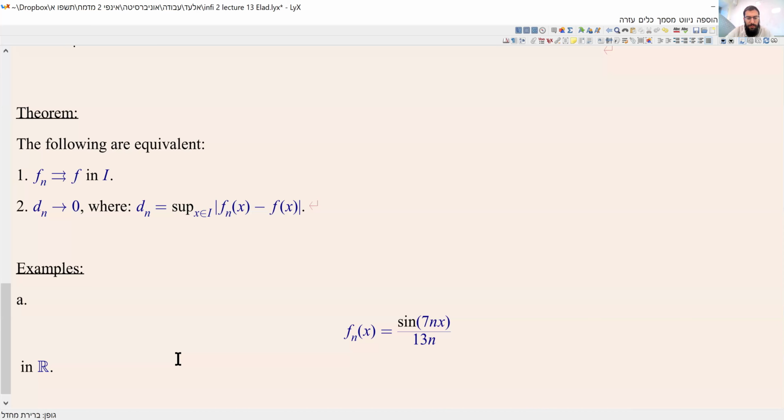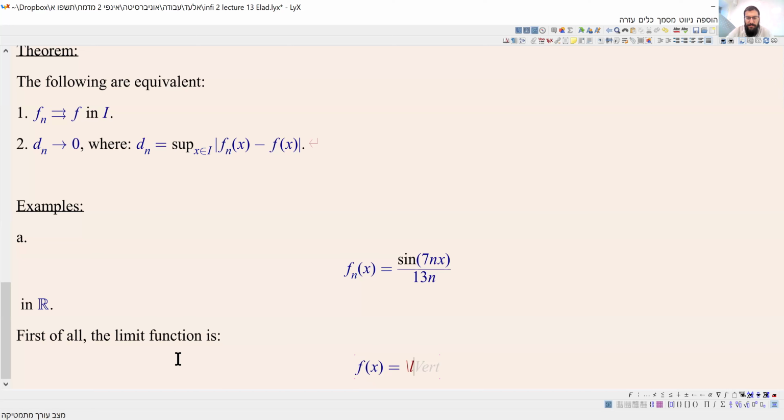So, first of all, the limit function f(x) is the limit of fn when we consider x to be a constant.